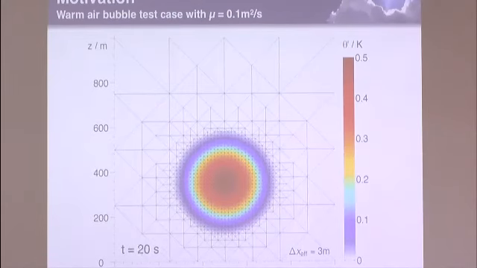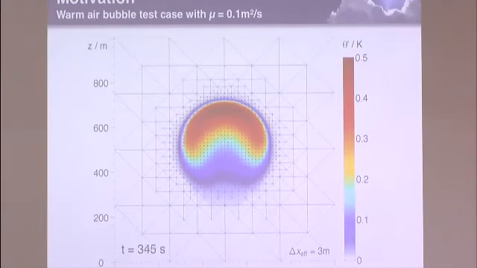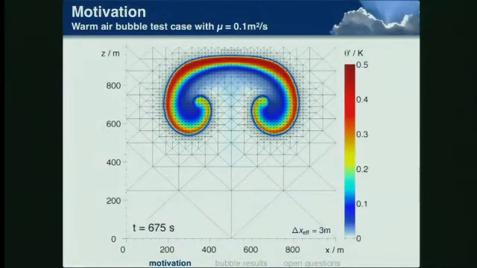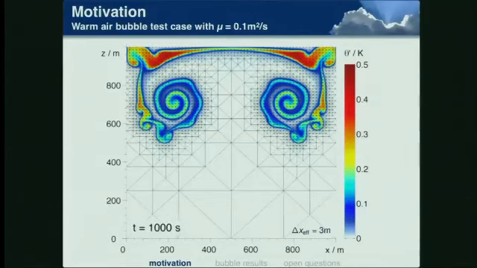So I start the movie, and you can see the bubble rises, and the fine mesh is always adapted to the current position of the warm-up bubble. Finally, it reaches the upper boundary, and some small-scale vortices occur.